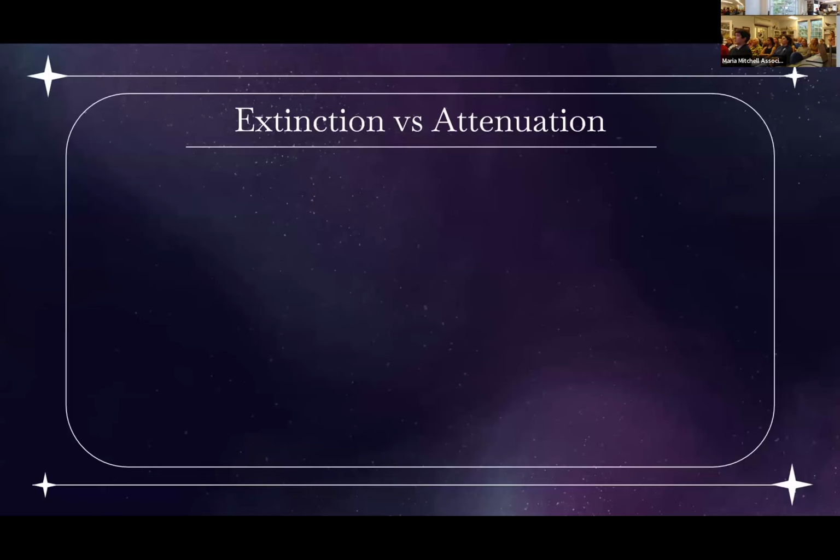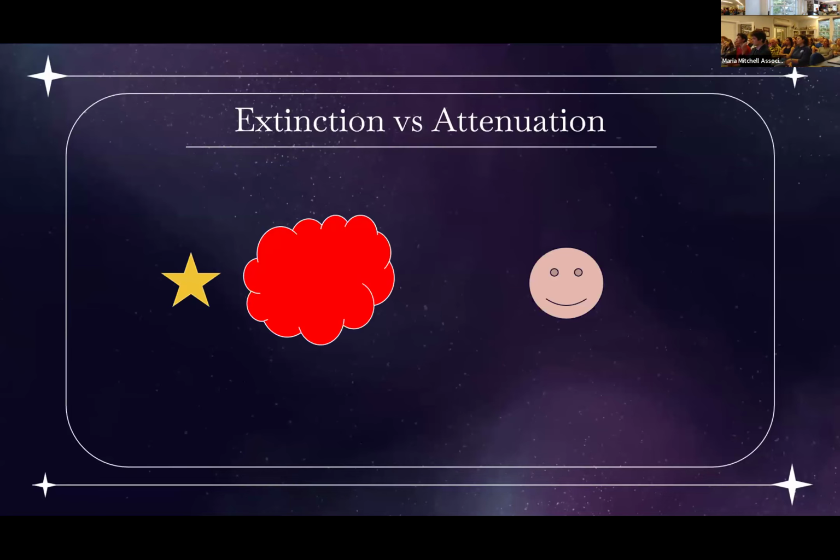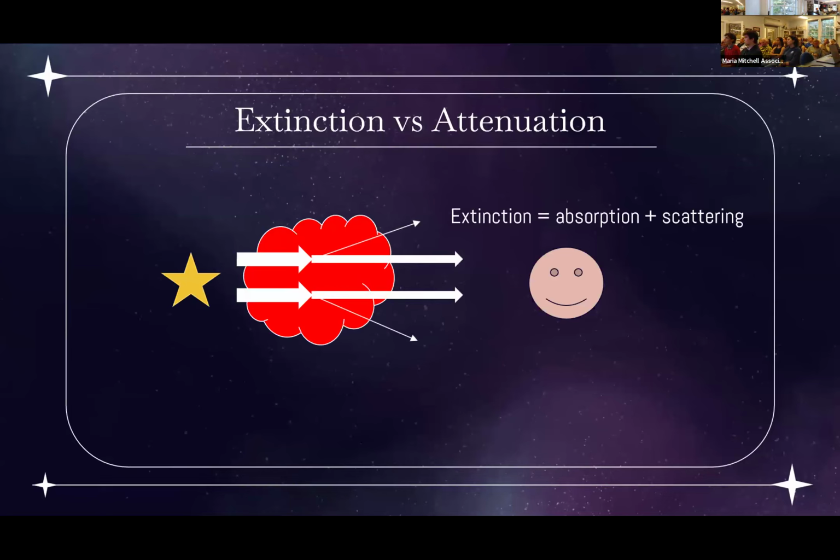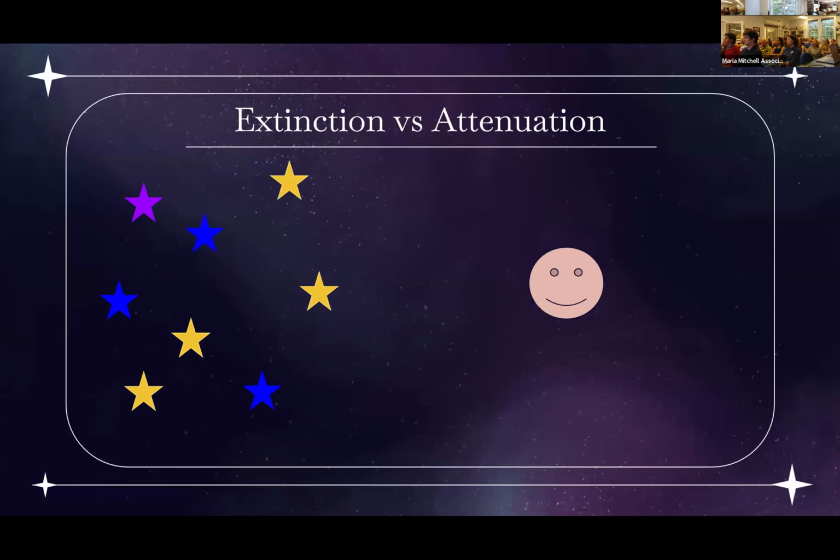So if we're looking at a single light source like a star, and there's a cloud of dust in front of it, the dust will absorb some of that light and then scatter the rest. That dimming and reddening of the light is what we call extinction. So absorption plus scatter. But usually when we're looking at things in the sky, we're not just looking at one single star, but multiple stars.